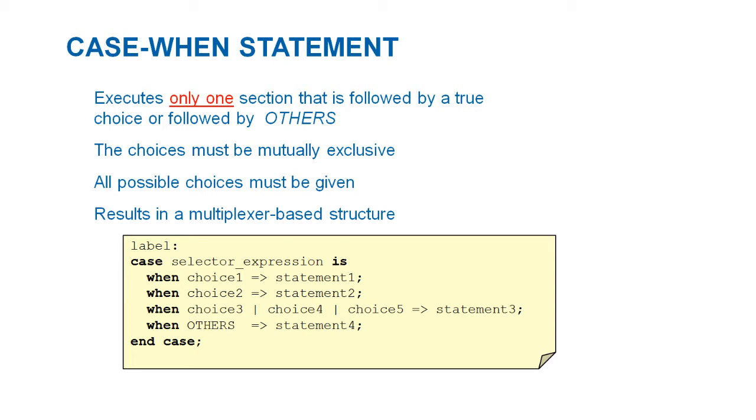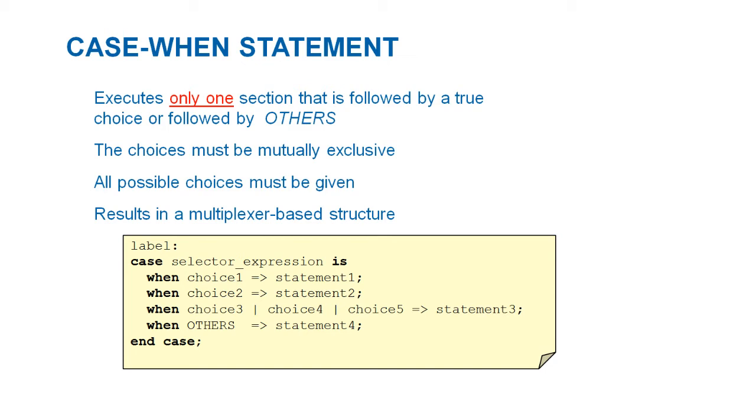So here we execute only the first one that evaluates to true. Like in an if statement, these are sequential execution. So the first when clause or when condition that evaluates to 1, that has the true value, the statement following it will be executed. So here's the syntax.